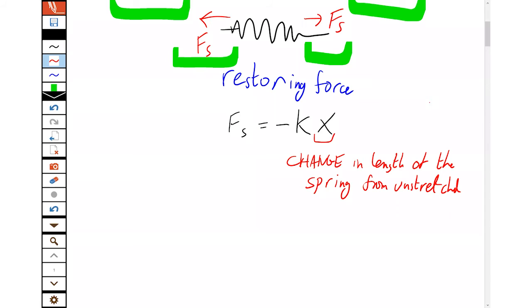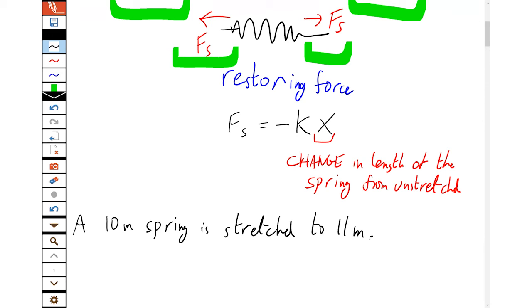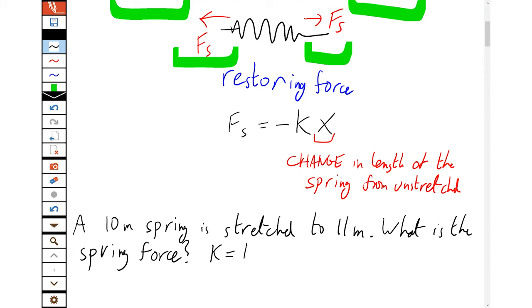For example, let's say a 10-meter spring is stretched to 11 meters. What is the spring force? And K is 10 newtons per meter. Now, if you're just saying Fs equals minus Kx, x, that's a distance. So you're looking for a distance, 10 or 11.